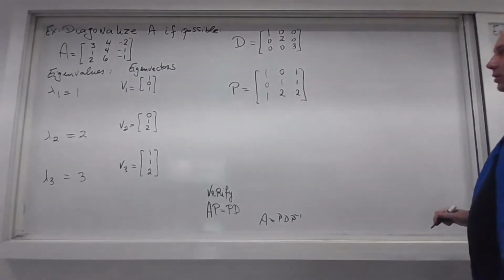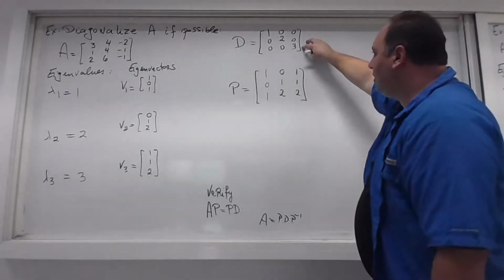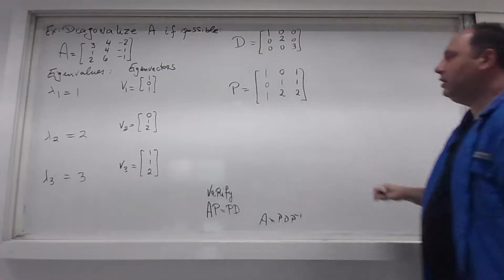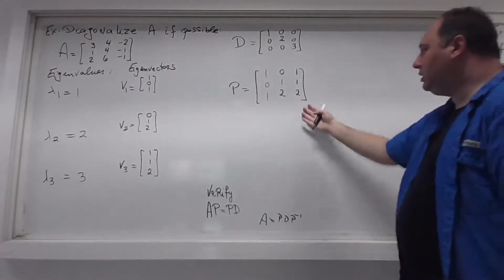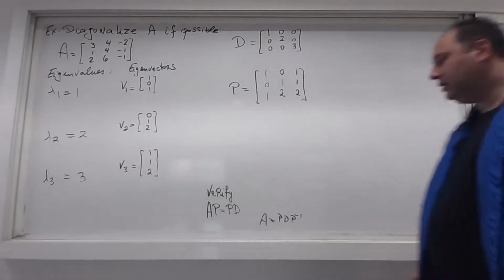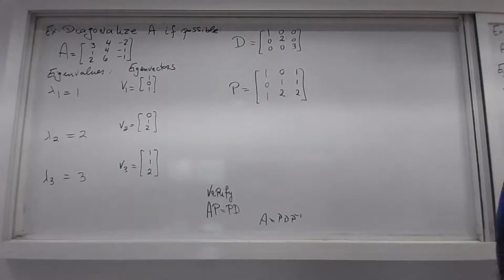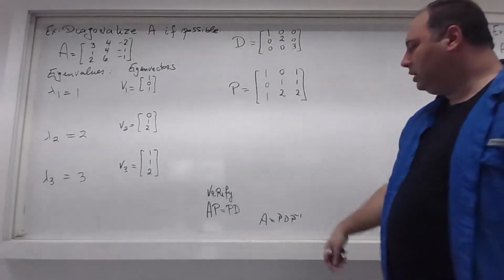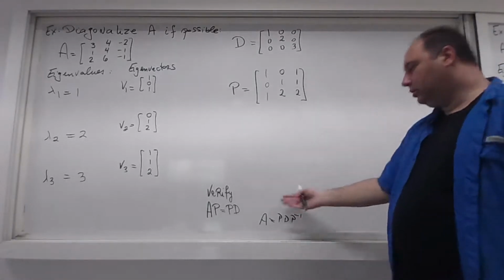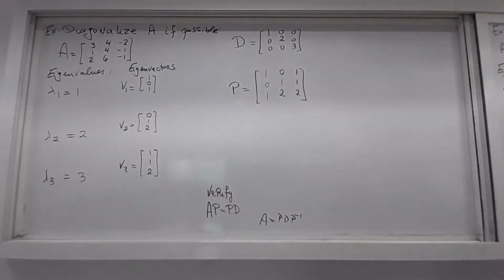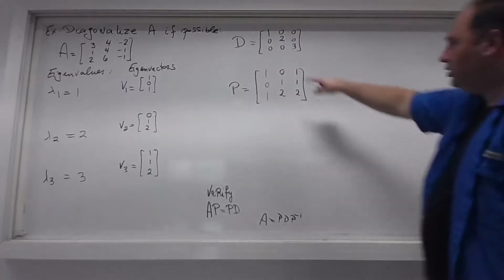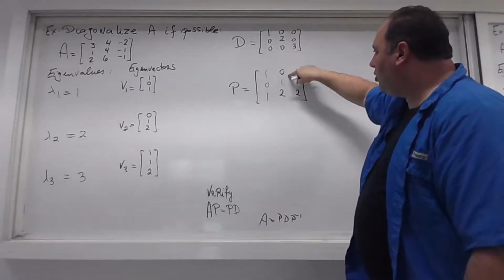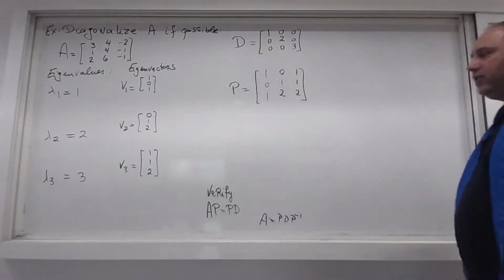That's it. So this is my matrix D, and this is the corresponding matrix P that is invertible, and it will verify this for sure. If you don't believe it, just do the job: compute A times P, compute P times D, and then compare. You'll see it works. Just by following the proper order, by construction, I know it's fine.